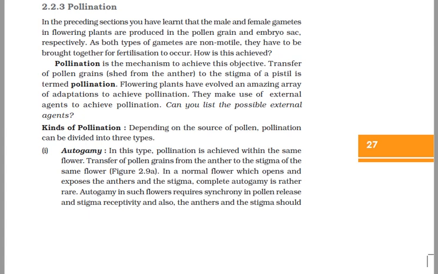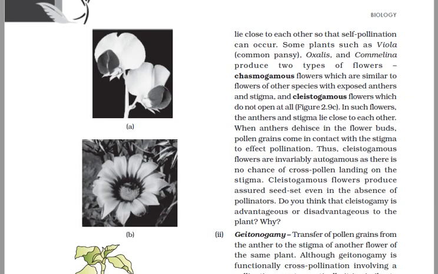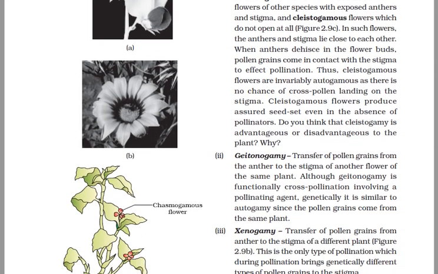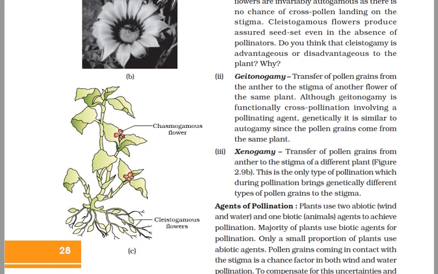It is usually seen in dioecious plants, which bring about genetic variations. In dioecious, I have already told you earlier what it is.